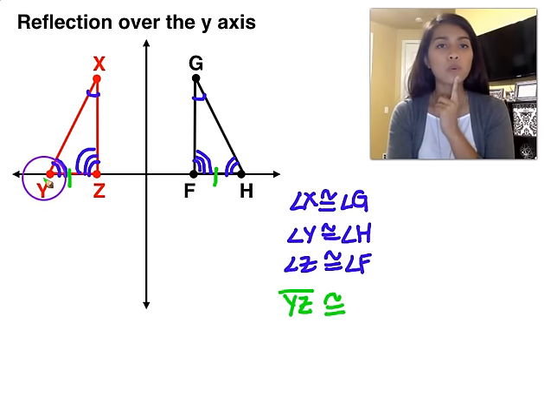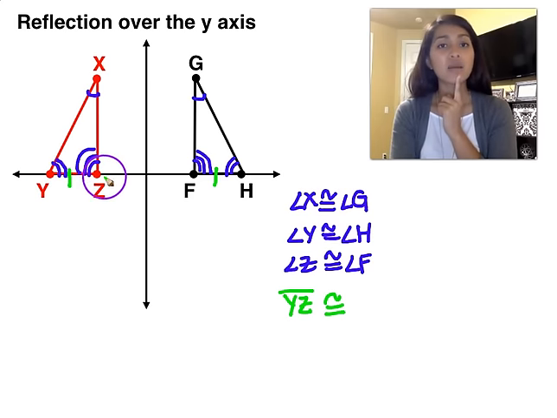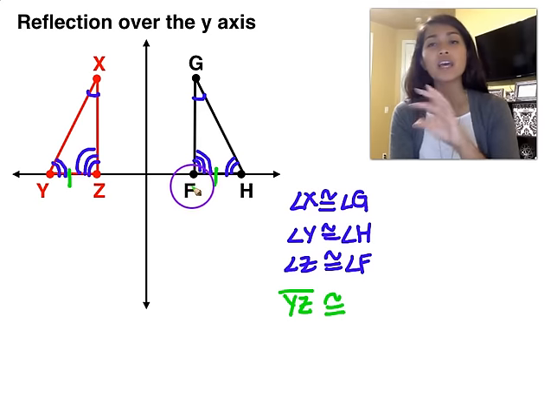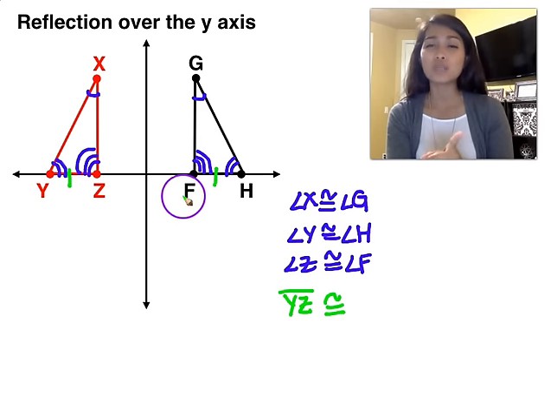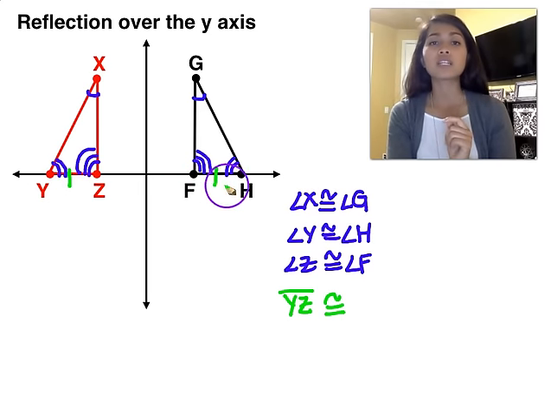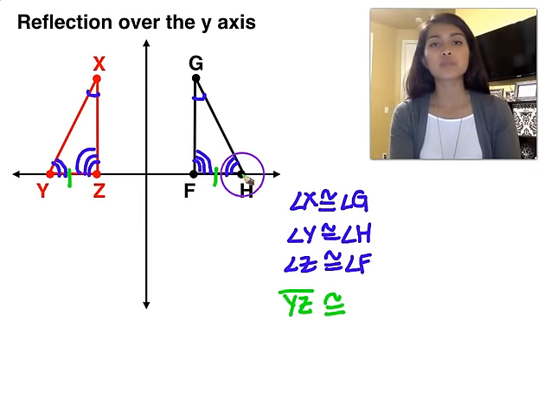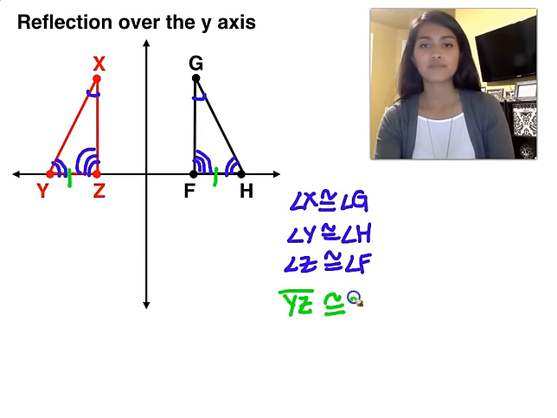Since I said YZ, I must say HF. If I go the other way, then it's technically wrong. You need to make sure the corresponding letters match up. So I'm going to say YZ is congruent to HF. Okay, got that.